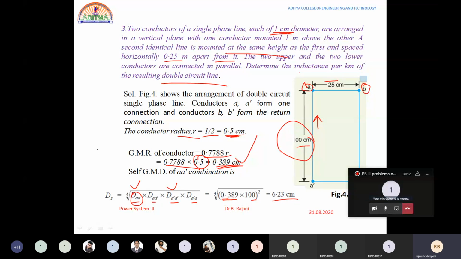Similarly for the conductor B, let's see what happens. This is the fourth root of DBB. I will write it here so that you can understand better.